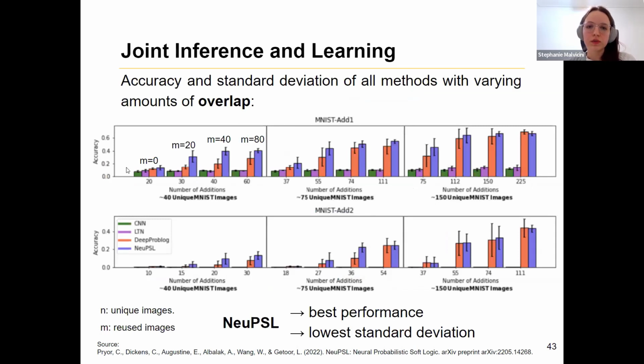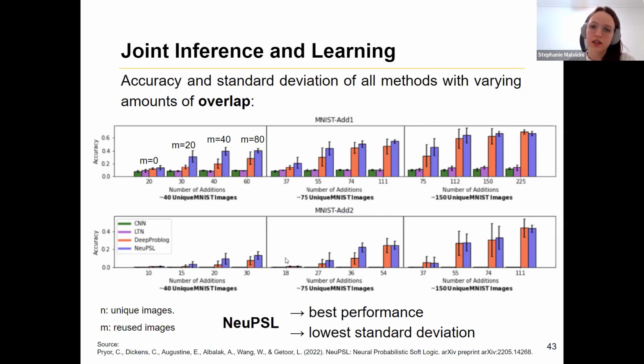Okay, so here we can see the results of the test with the overlapping images, and we can see that per task they tested 3 different numbers of unique images, and for each set they incremented the overlap of the images.